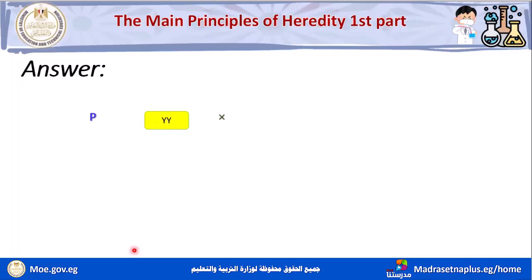B plant of yellow seeds, pure, okay? Y capital, genetic structure. B plant, green seeds, pure, genetic structure, Y small, Y small. Segregation of factors: Y capital, and Y small, Y small.